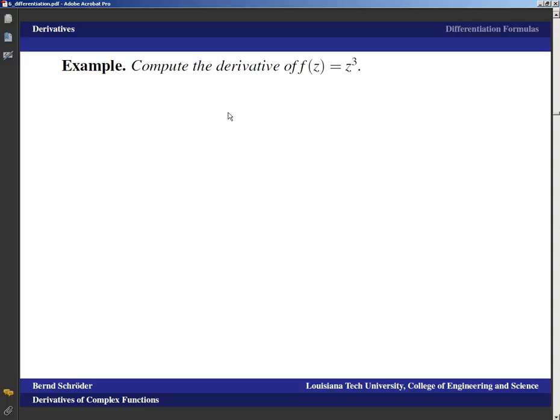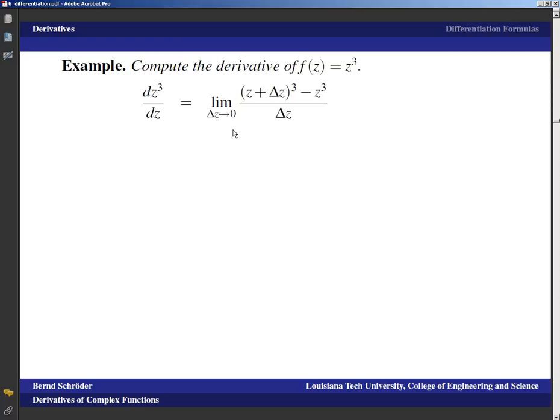Okay, example, well, compute the derivative of f of z equals z cubed. How does that go? Well, dz cubed over dz, we just have to go to the definition of the derivative, because technically right now we don't have any other formulas, any other avenue to compute derivatives available to us.